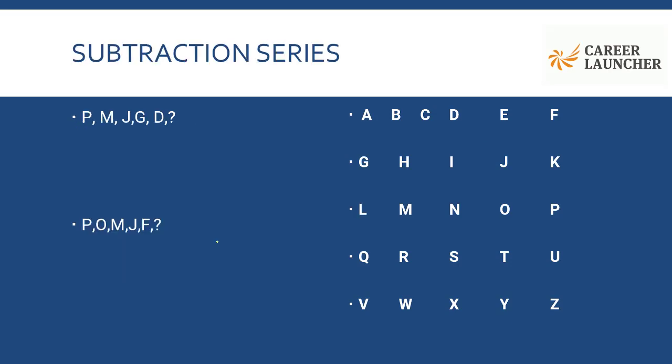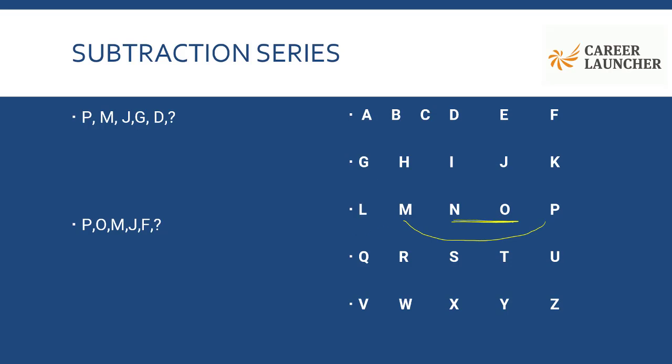Just opposite to addition series, we would have subtraction series. So the first series we have is P, M, J, G, D. So after P, I have moved to M. I have dropped 2 alphabets in between.